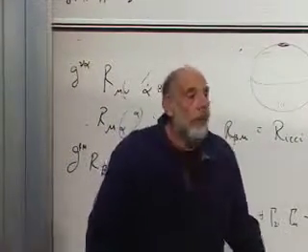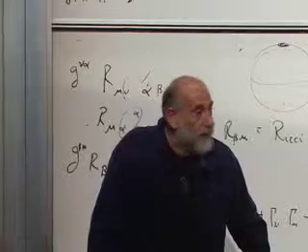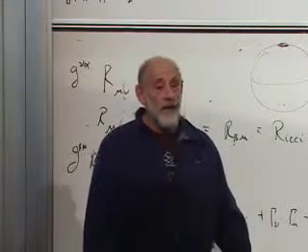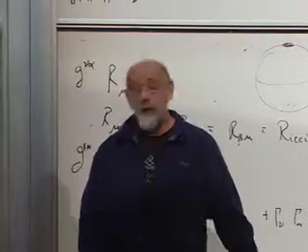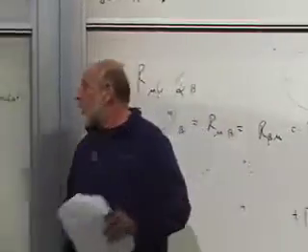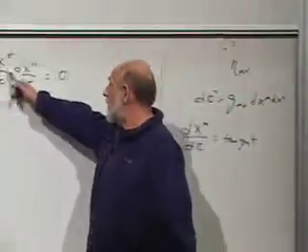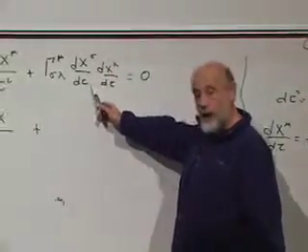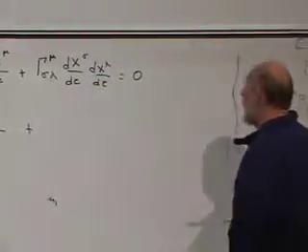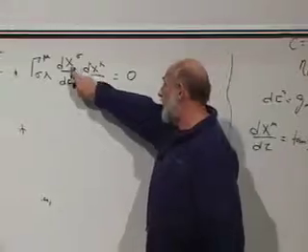Because by assumption, we're working in a frame of reference where everybody is moving very slowly. Moving slowly means dx by d tau is small, dy by d tau is small, and dz by d tau is small. There's only one component of the 4 velocity which is large, and that's dx naught by d tau.